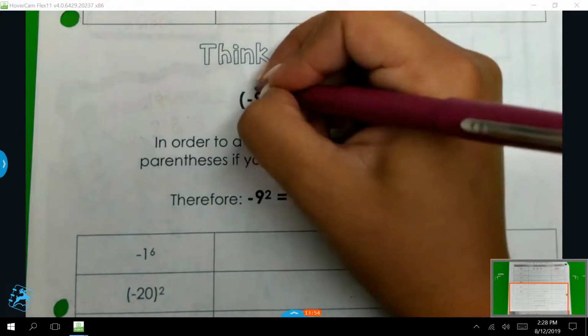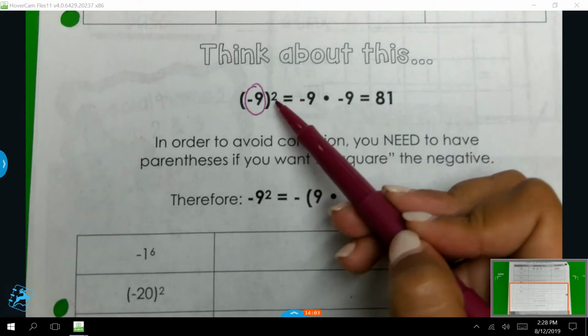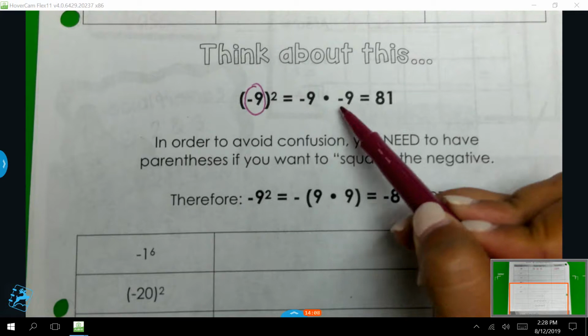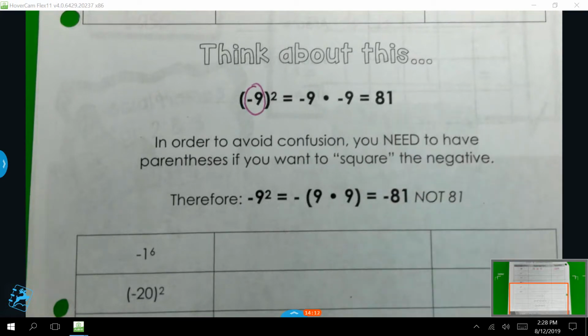It's going to be that whole thing inside those parentheses. It's going to be -9. So that means my base is -9, and I'm multiplying it by itself twice. So -9 times -9. We know that a negative times a negative gives me a what? A positive. So my answer is positive 81.